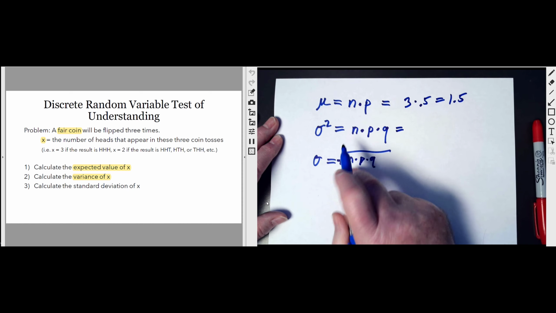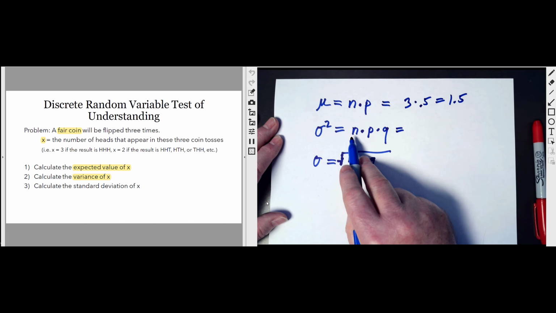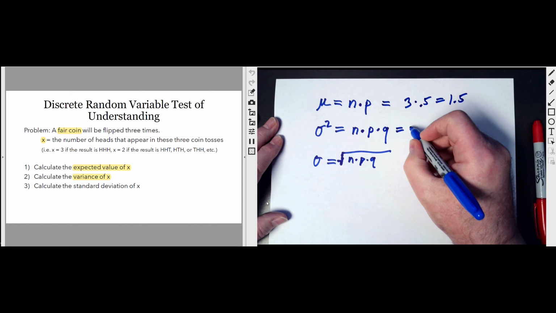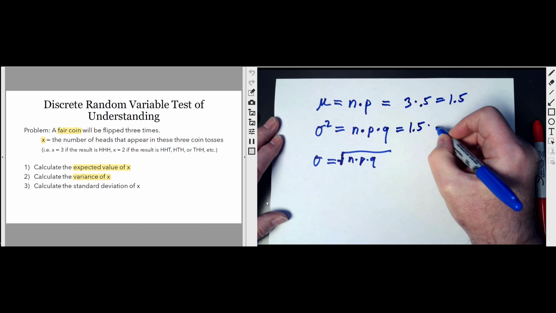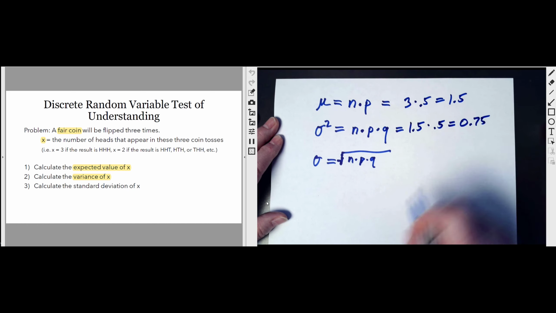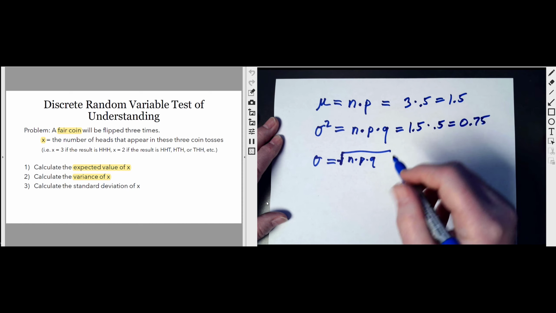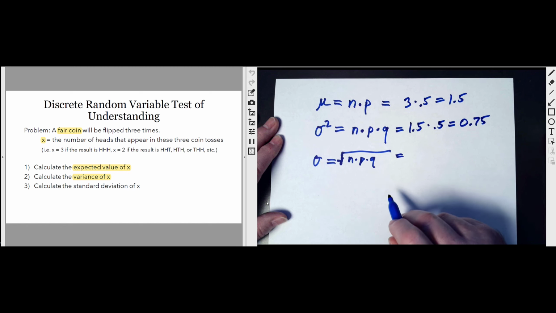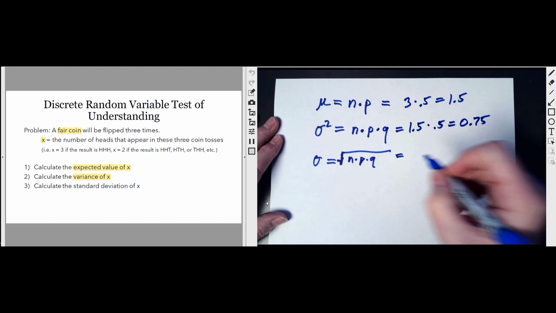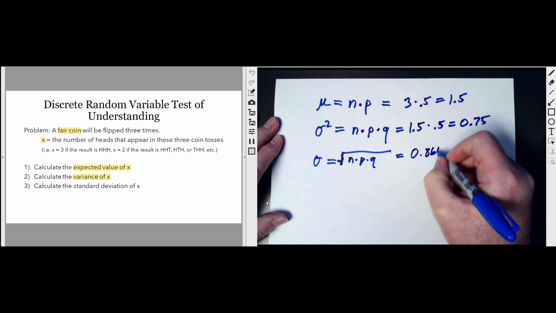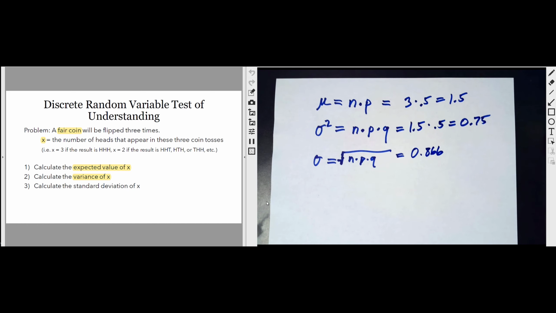And this here is 3 flips times 0.5 times 0.5, which is 1.5 times 0.5, which is 0.75. Amazing, amazing. So the formulas give us the same result. And here we take the square root. I did throw this into a calculator. It is about 0.866 and something.